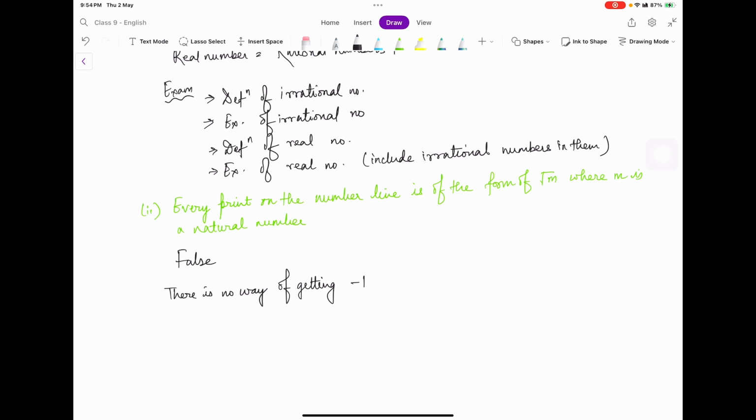Just let me check. Root m, where m is a natural number, on the number line is of the form root m, where m is the natural number. 0, 1, -1, 2 square is 2. That is root 3.